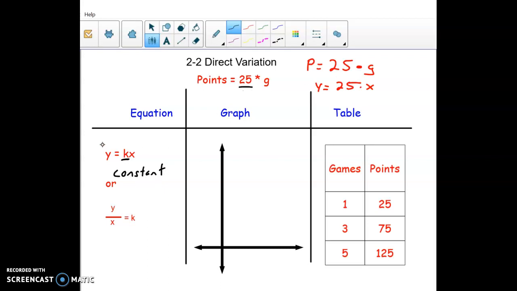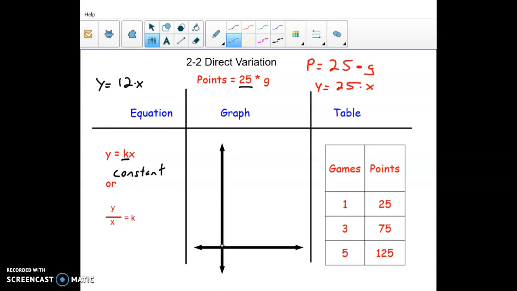In this example, the 25 was the fixed number. Another example might be if you have a job and you get paid $12 an hour. That's a direct variation because your pay is equal to 12 times however many hours you work. So that's what direct variations look like: a constant times x.